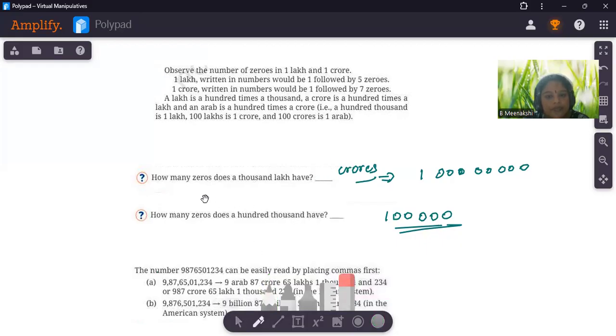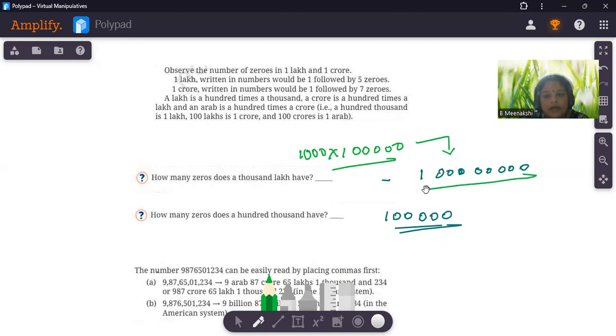So let us see. 1000 lakh means 1000 into 1 lakh. When you combine, it is 1 followed by 1, 2, 3, 4, 5, 6, 7, 8. So it has 8 zeros.